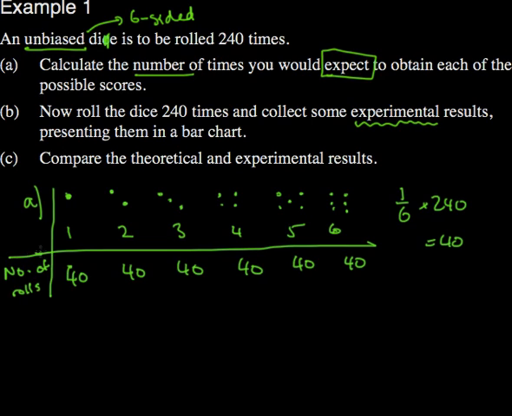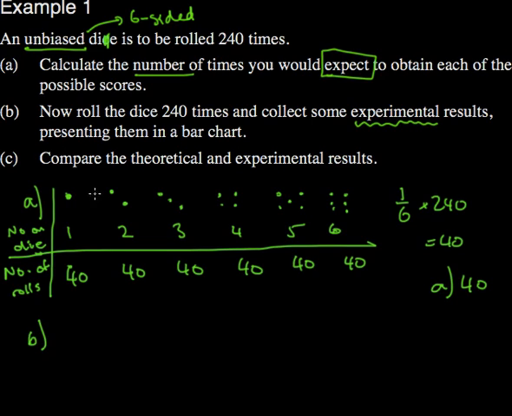And the top one here is the number on the die. Now it makes sense. Now the table is good. Okay, so it says calculate the number of times you'd expect to obtain each of the possible scores. Well, I could just write the answer as 40 because they're all the same.